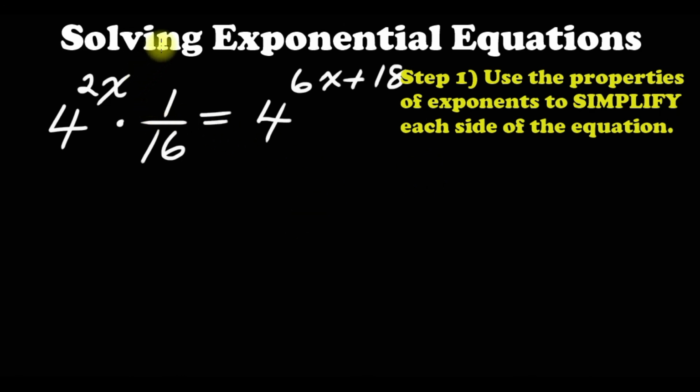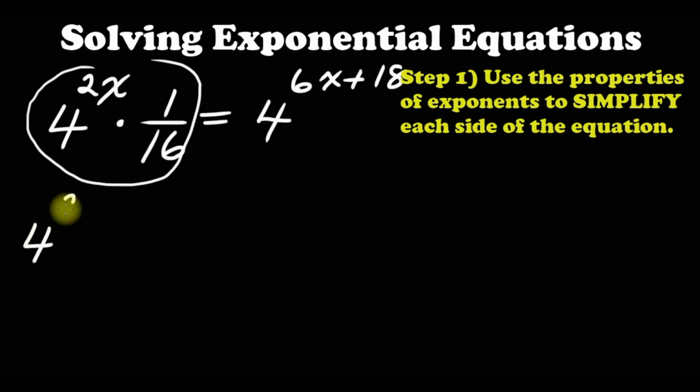So here we have to simplify the left-hand side of the equal sign. Okay, so I'm multiplying two numbers here. But in order for me to add the exponent, I gotta have the same base. So I have to rewrite 1 over 16 with base 4. I can do that. So 1 over 16 is the same as 4 to the negative 2.